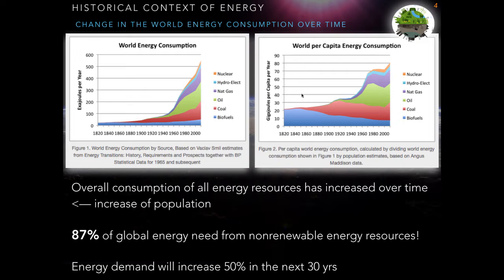If we look at this energy consumption, not from a global point of view, but by person, what we can see is that over time, in fact, the wood consumption has decreased for the production of energy, which is totally the contrary for the coal, also for oil and natural gas.